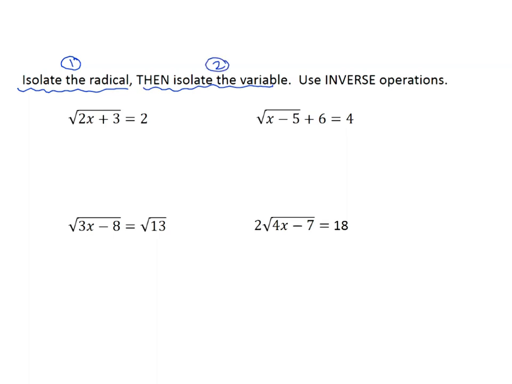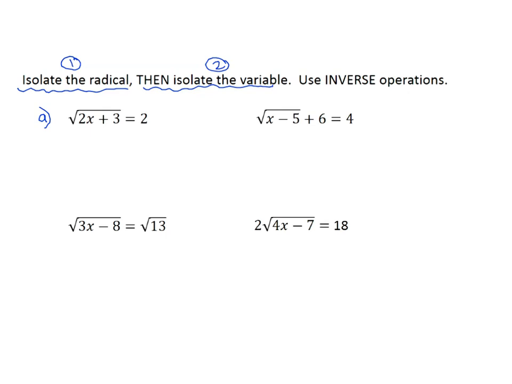So let's look at this first one. We'll call it example A. In example A, our radical is all by itself on the left side. There's nothing else being added or subtracted or multiplied by it. So we've already got step 1 covered. It's done for us. So we go to the next part, which is to isolate the variable.